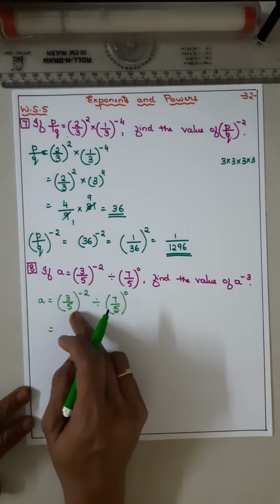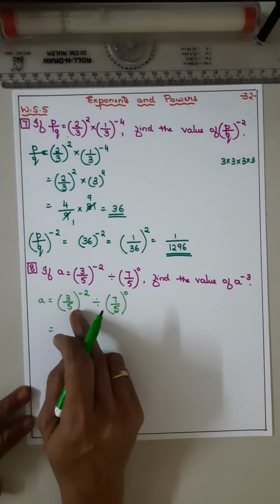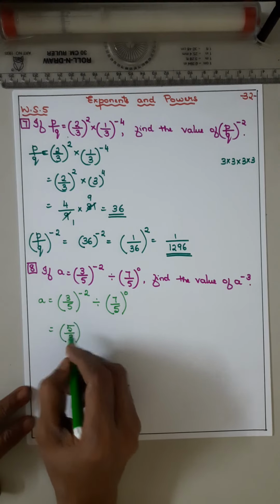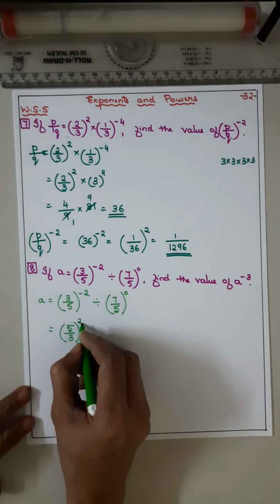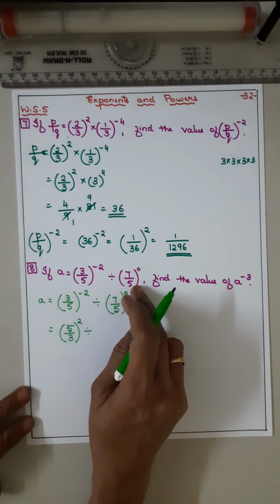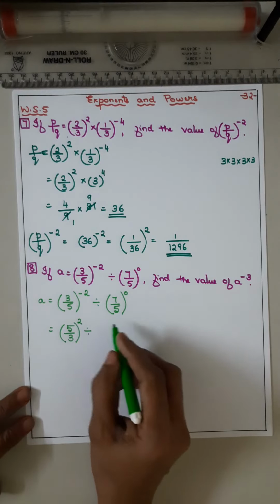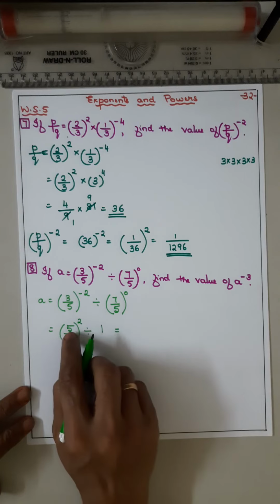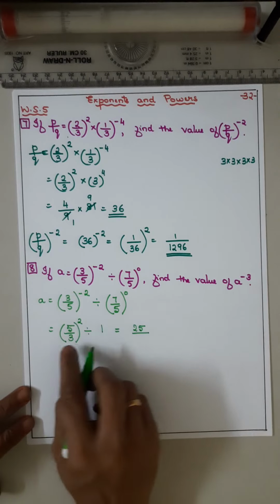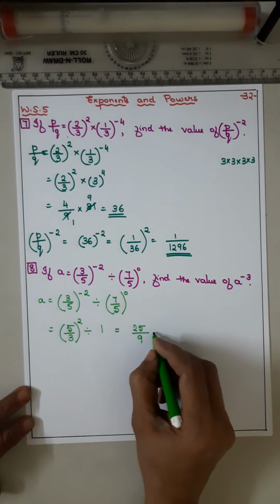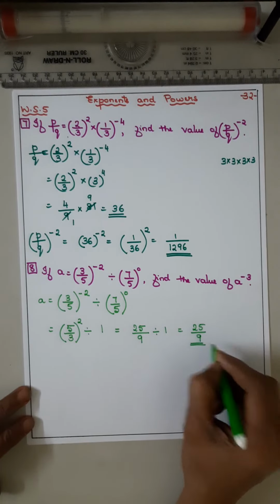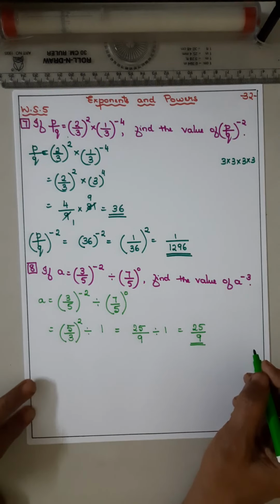Now negative power means we have to write the reciprocal. 3 by 5 reciprocal is 5 by 3 the whole raised to plus 2, divided by any base to the power 0, which is how much? 1. So 5 squared is 25 and 3 squared is 9, divided by 1, that is 25 by 9. So you got A is equal to 25 by 9.